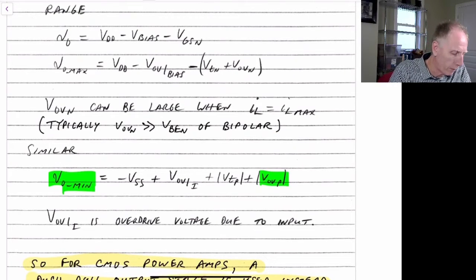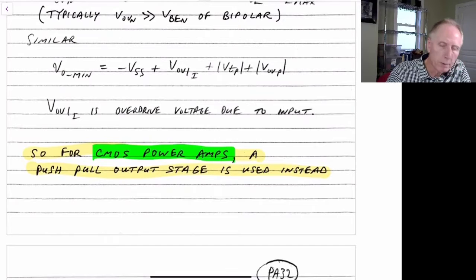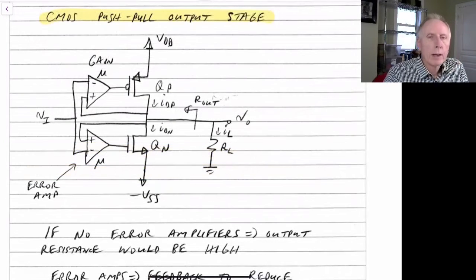So you'll have a similar problem going to the negative power supply. So in general, what you'll find is that for CMOS power amps, they don't use this type of circuit. Instead, they go to a push-pull output stage, and that gets used instead, and this is what we'll talk about next. So next, we'd like to look at a CMOS power amplifier using a push-pull output stage.